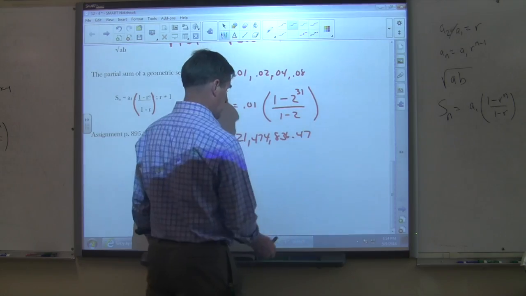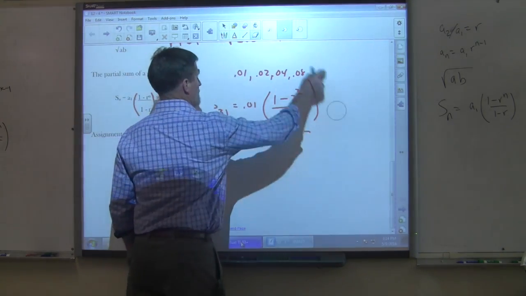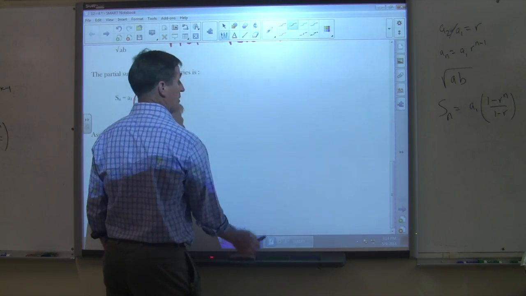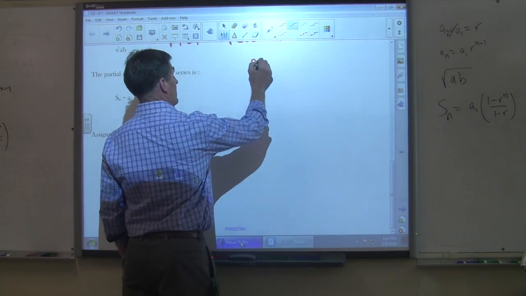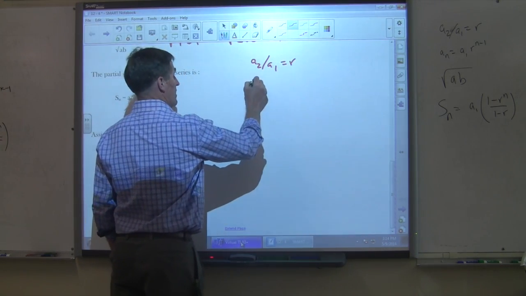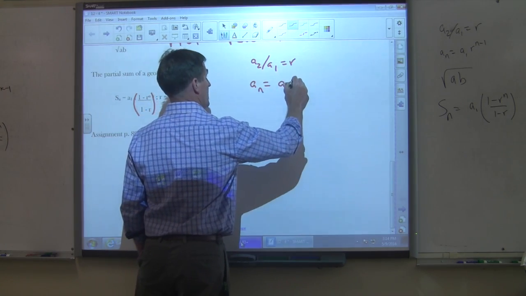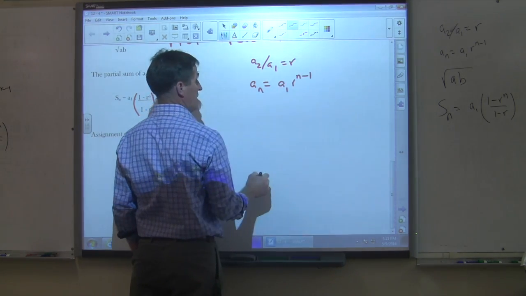Again, my suggestion is on the assignment, just take the time to have those formulas written at the top of your paper, that a2 divided by a1 is equal to r, that a sub n is equal to a sub 1 times r to the n minus 1.